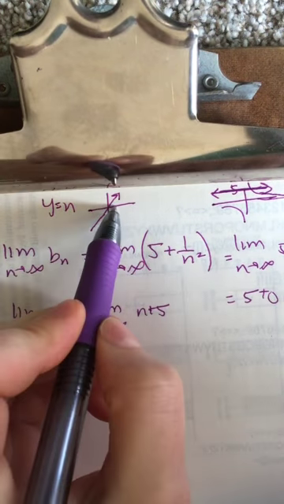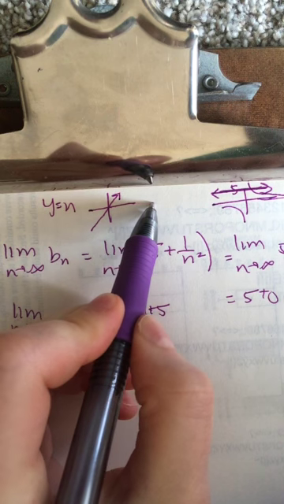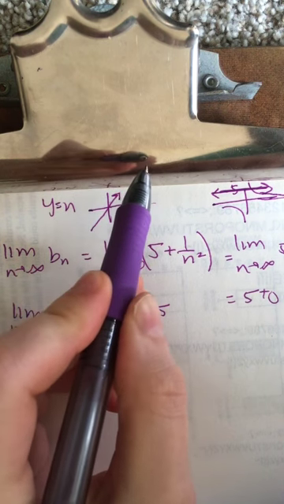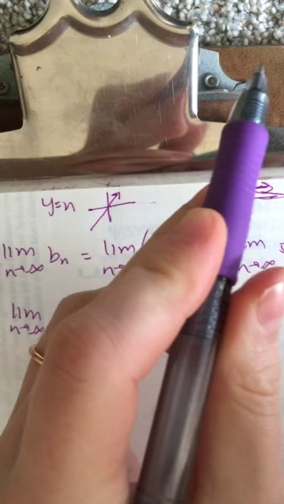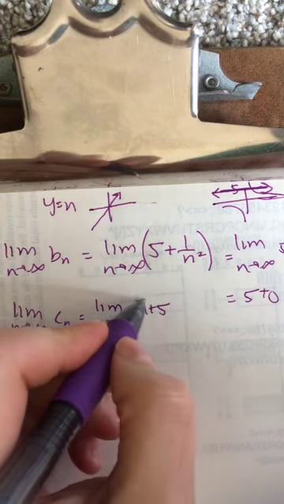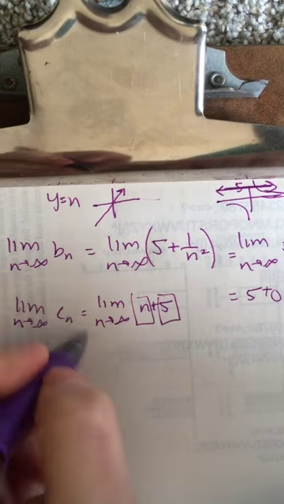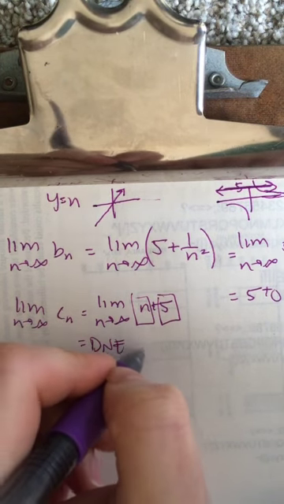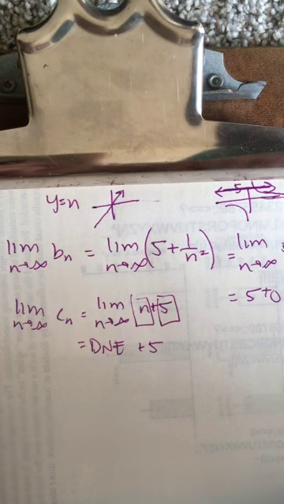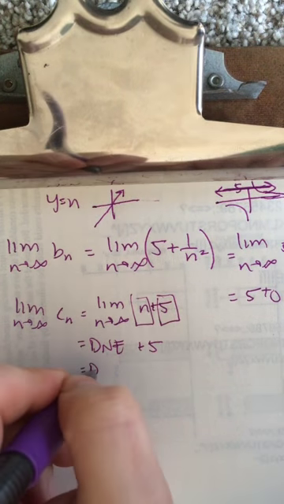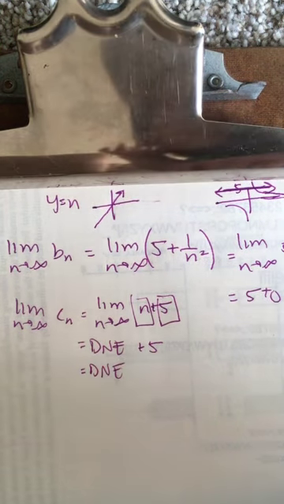If I go towards infinity on my x-axis, what's happening to this graph? Does it converge anywhere? No, it keeps getting bigger and bigger and bigger. So this part's not going to have a limit. This limit will be 5. But can you add does not exist with 5? No. So the limit itself does not exist.